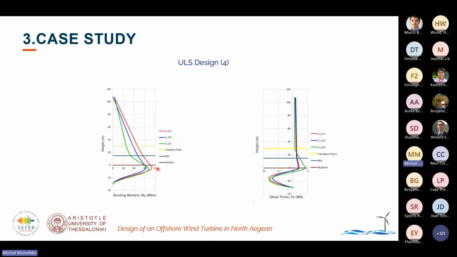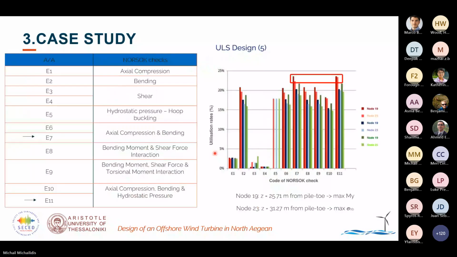So this is something where the soil structure interaction is significant to account for, because otherwise we would not have been able to understand this behavior of the wind turbines.